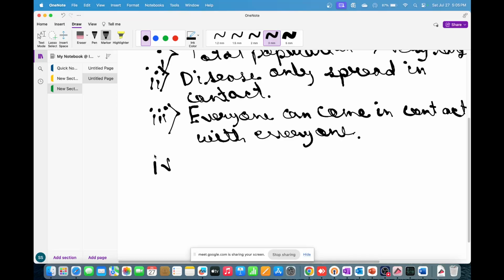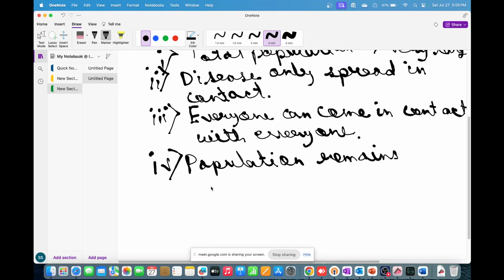And other assumptions include that the population remains constant. So basically what we assume is there is no death or birth in the population when the disease is getting spread.